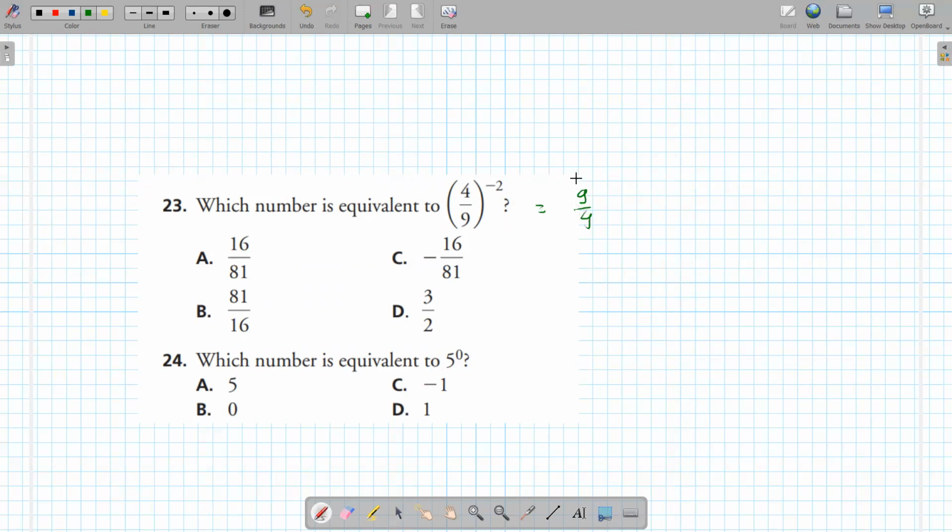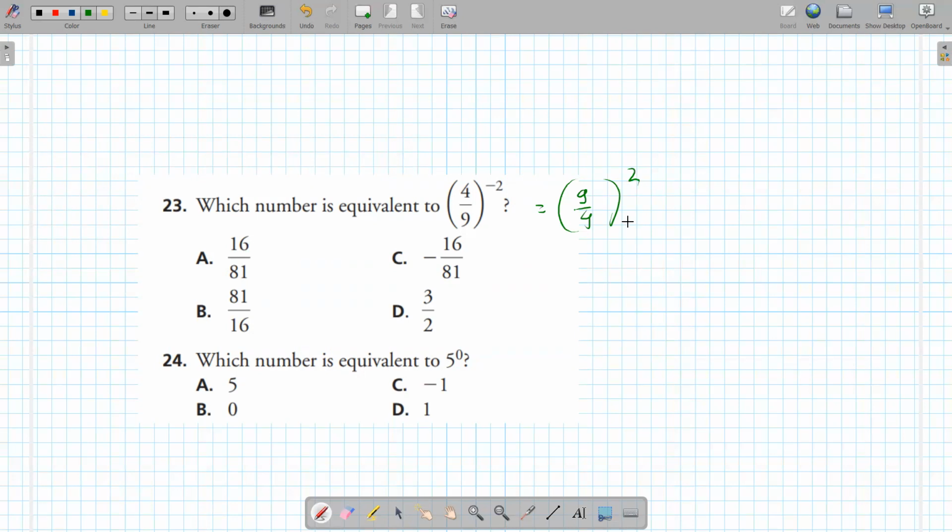It becomes 9/4, and the exponent becomes positive like that. Keep that in mind. So what's the answer here? A, B, C, or D? It's B.